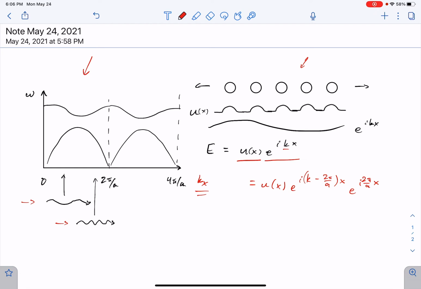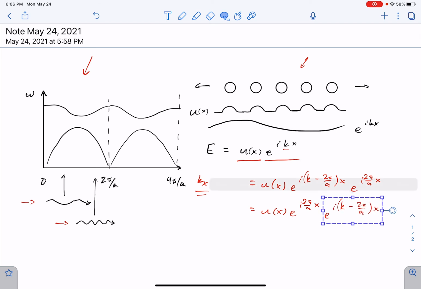Right. And you can rewrite this now as u of x. I just put everything in a different order. Copy, paste, and do this. Right. And you may have noticed that this thing here is periodic in a.